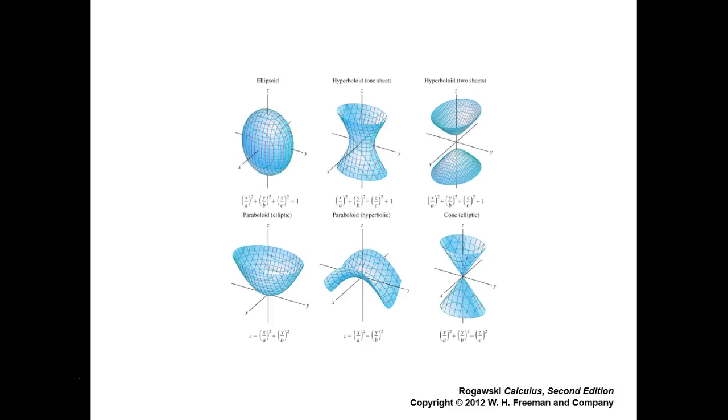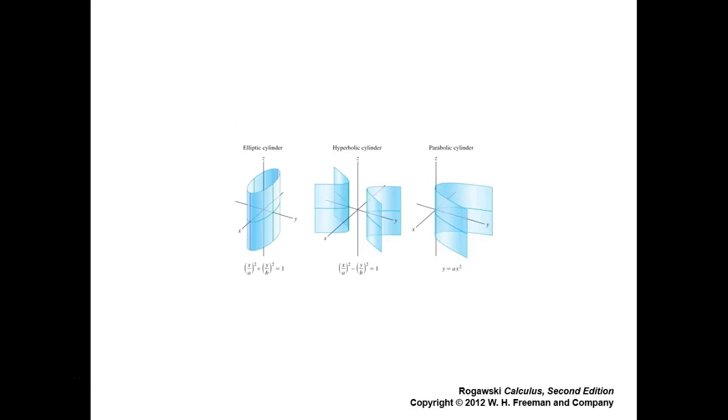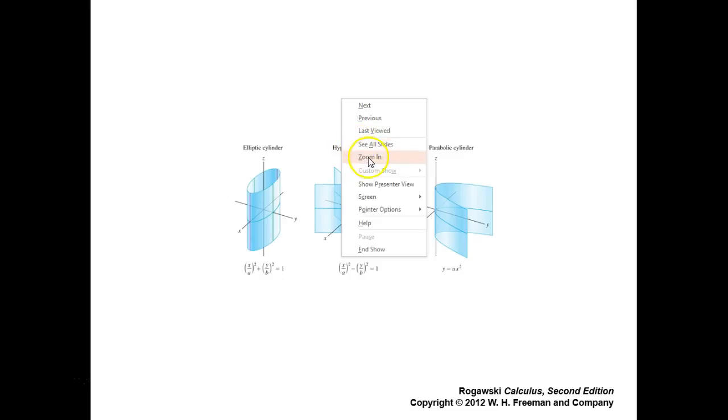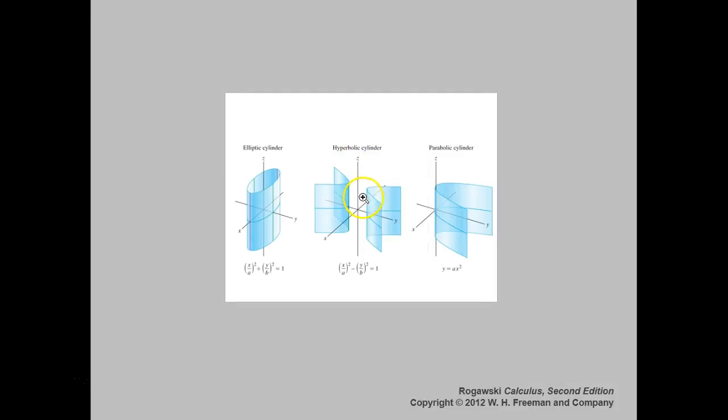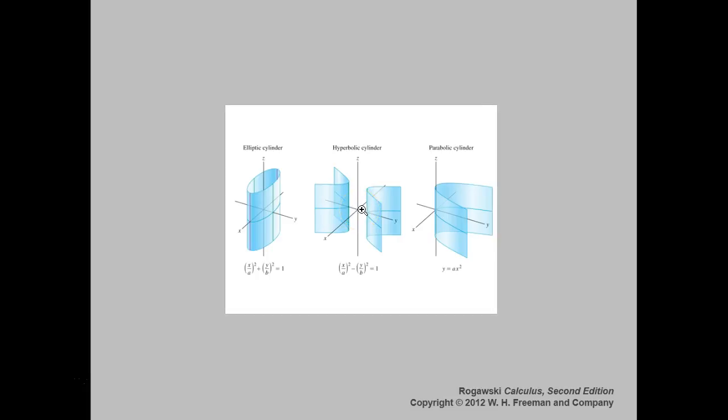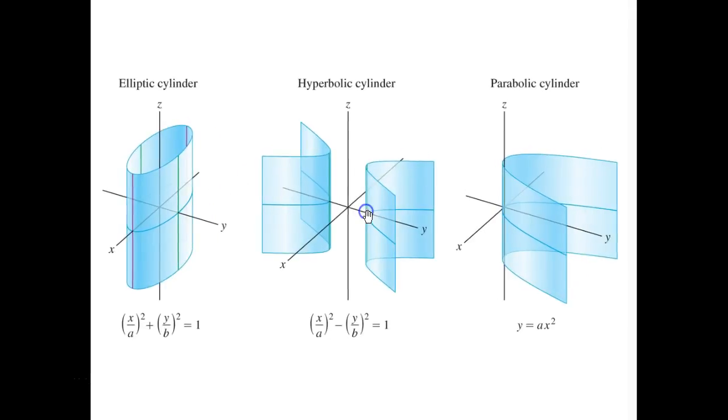Are there any more? Yes, your cylinders. Those are the same ones we looked at earlier. They just did them again in the summary, but a little bit smaller. This is your elliptic cylinder.